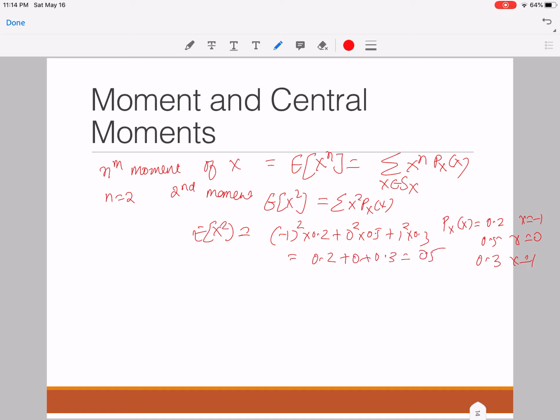So that was the expected value of x squared for the previous PMF. That's just an illustration of how you apply this formula.